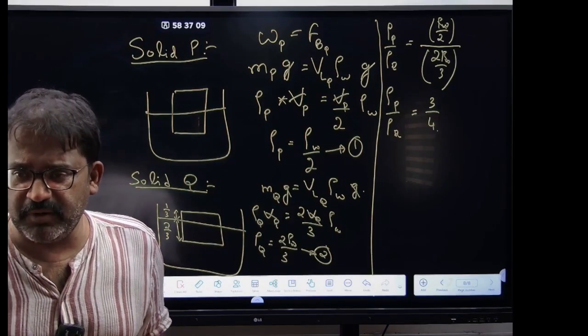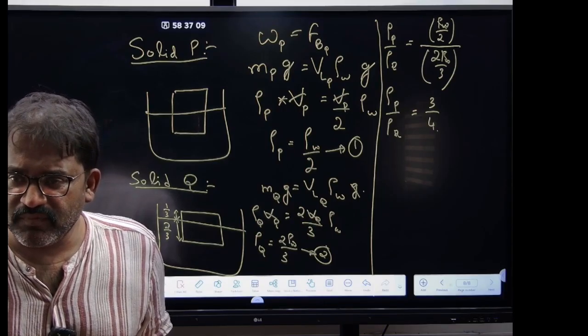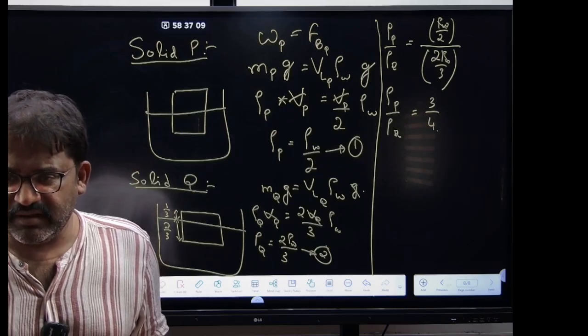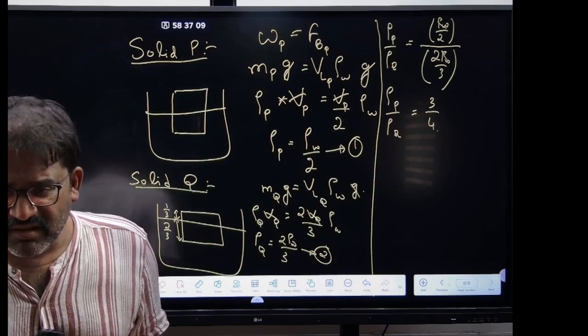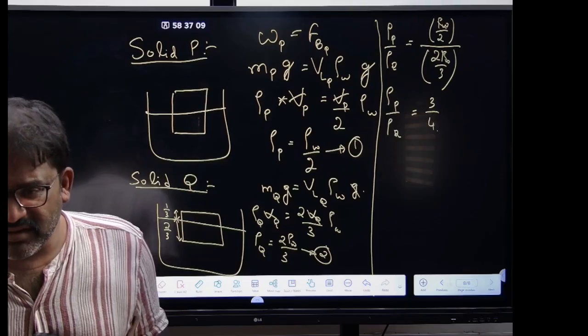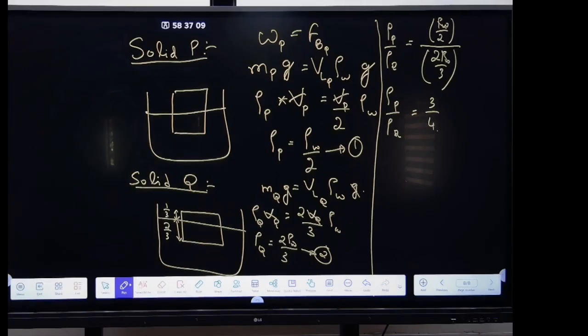What is RB square? That is the radius of B. Radius of B is 5 centimeter. We have to find out the diameter. The diameter of that is 10.